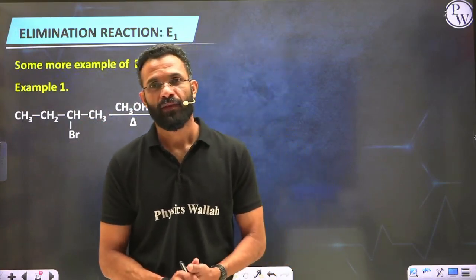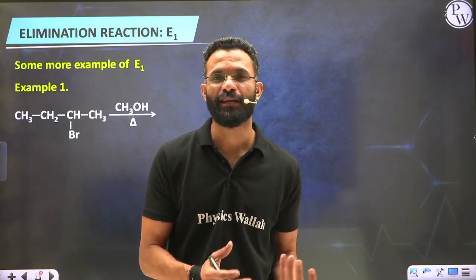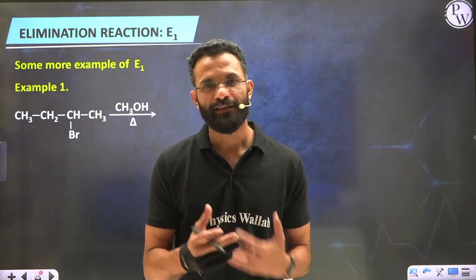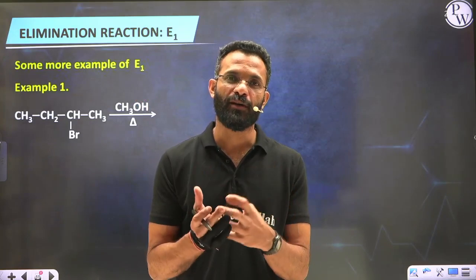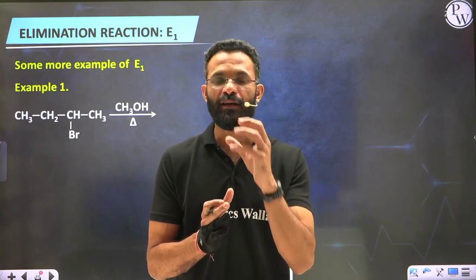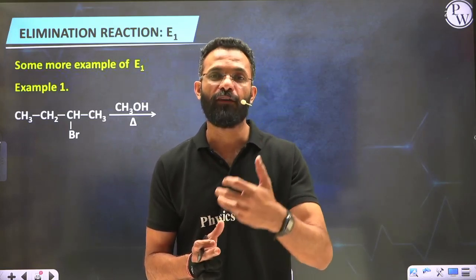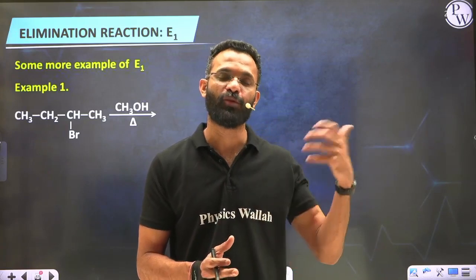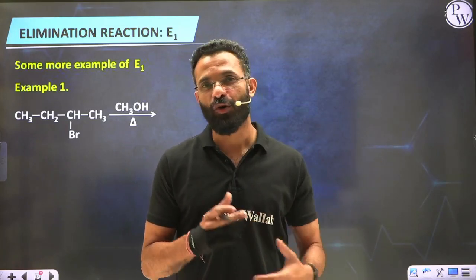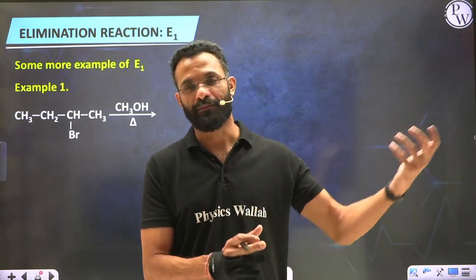Now look, we have always said that whenever there is a formation of carbocation, even in general organic chemistry we have learned, whenever there is a scope of formation of carbocation, we have to always understand that if the carbocation formed is not the stable one, but has a scope of undergoing rearrangement to form a more stable carbocation, then we should always carry out carbocation rearrangement first and then the next step.